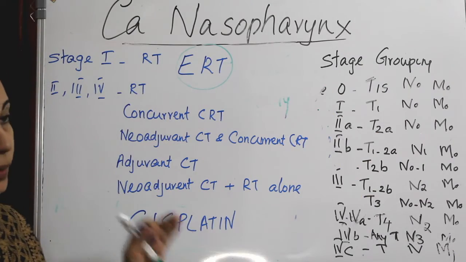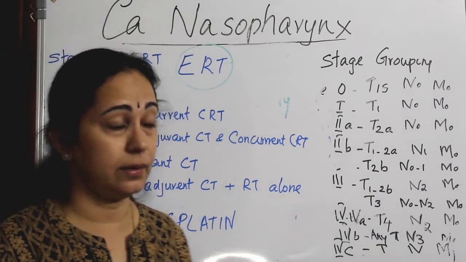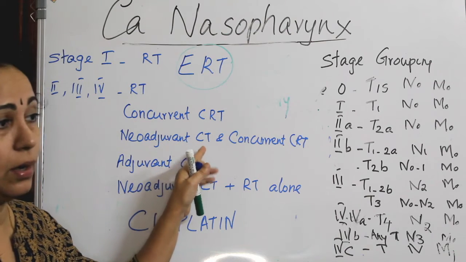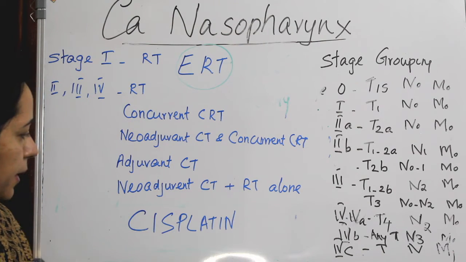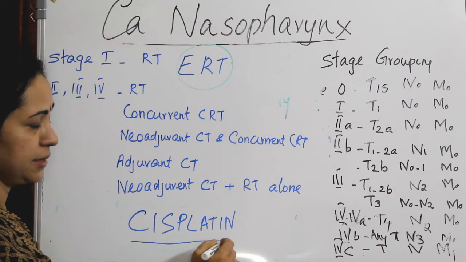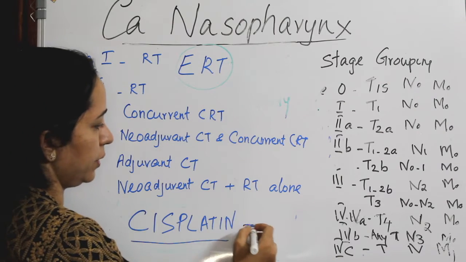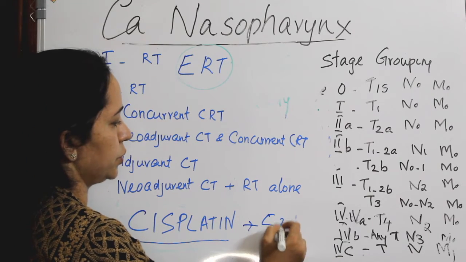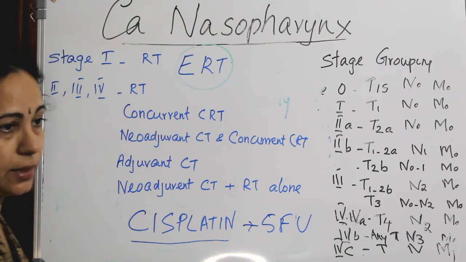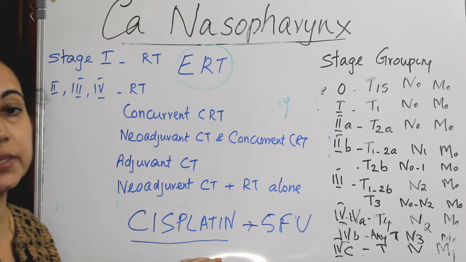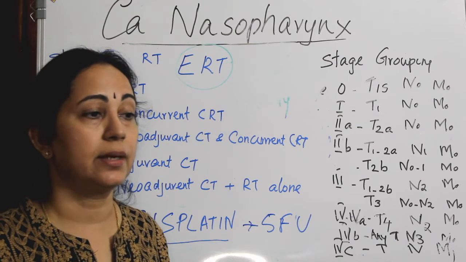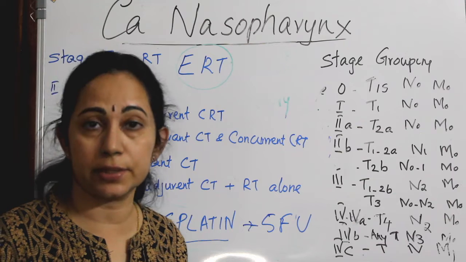The advanced cases we have seen need chemoradiation. The main chemotherapy agent is cisplatin, and 5-fluorouracil is also used as a chemotherapeutic agent. But cisplatin will cause bone marrow suppression, renal failure and sensorineural hearing loss.